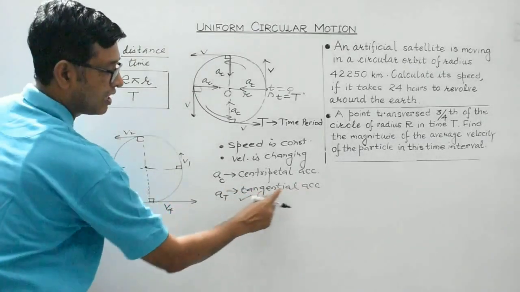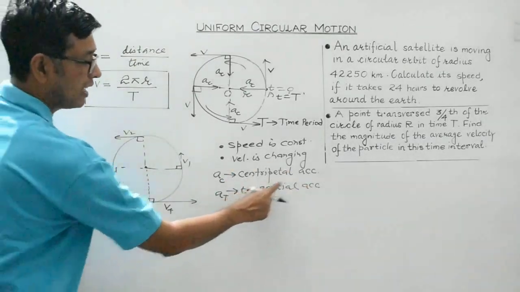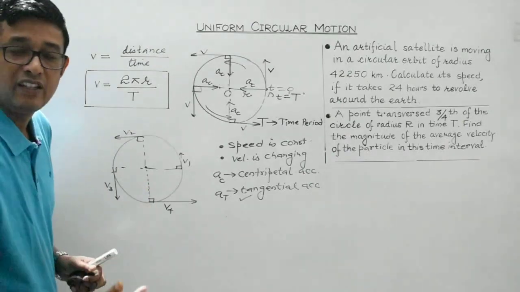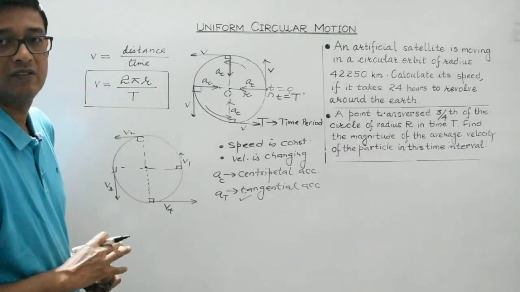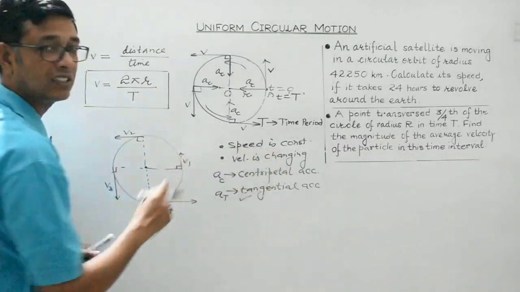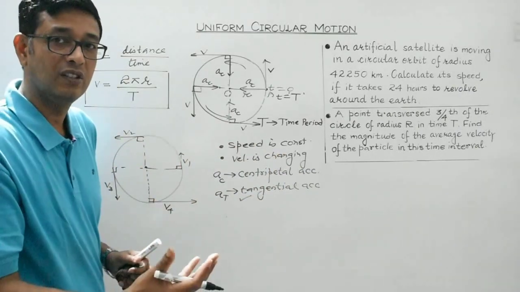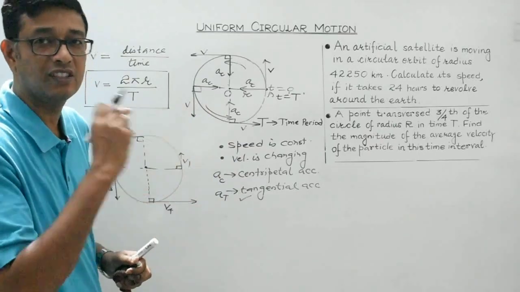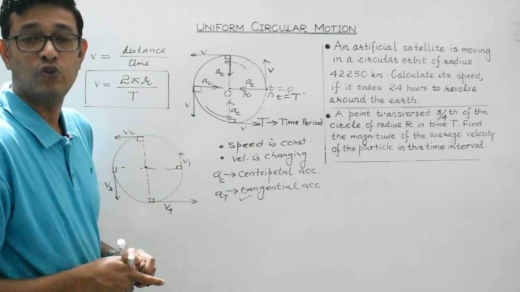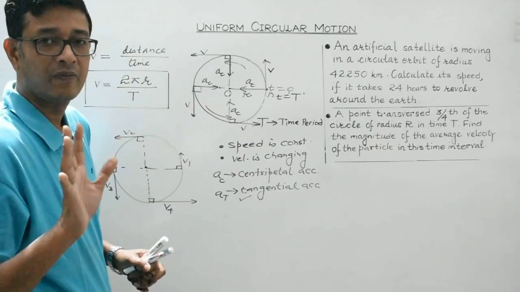What does this tangential acceleration do? Tangential acceleration changes the speed of the body. What does the centripetal acceleration do? It makes the body change its direction continuously and move along a circular path. So students, please keep this in mind.